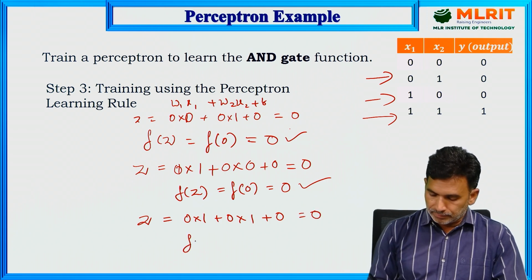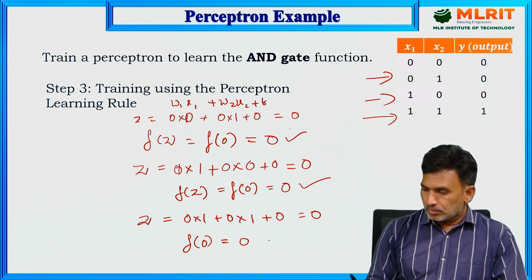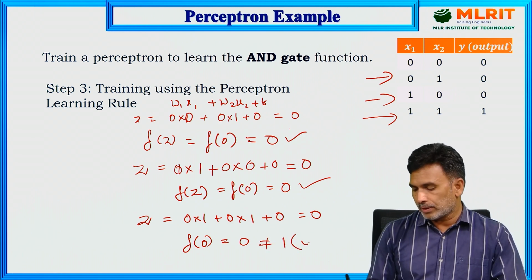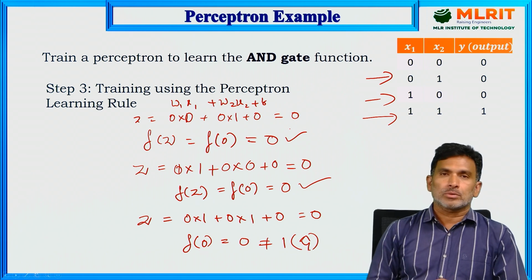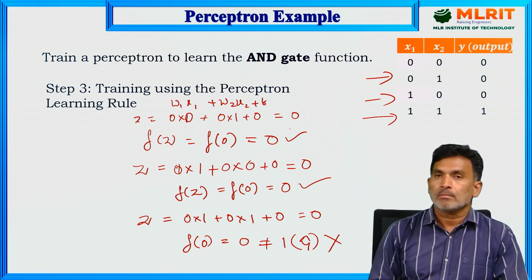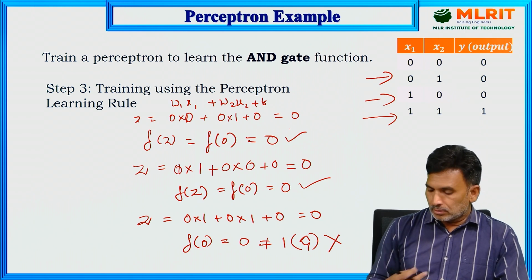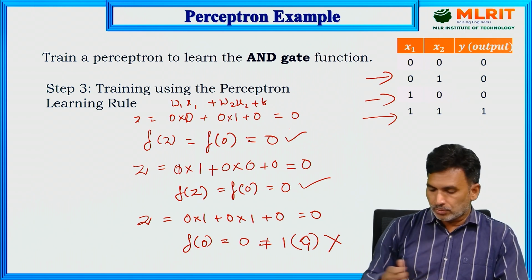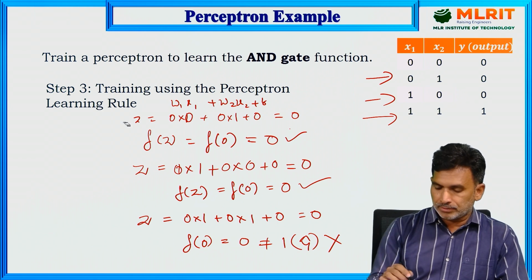But f of 0 equals 0, and the actual output is 1, so that means it's not equal. This is y hat, so it is not equal to the actual, which means it's wrong. So then an update needs to be done.